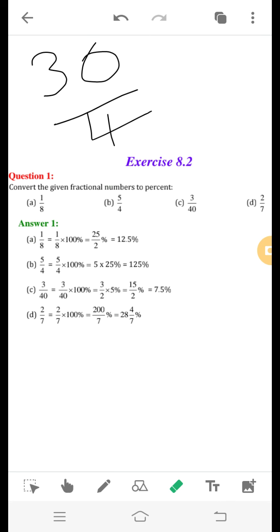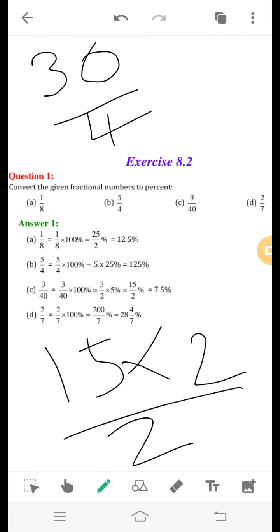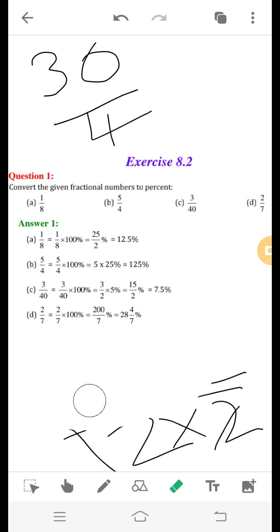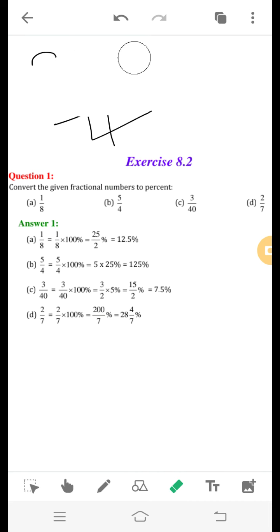So the same you can write it here. 15 2s are 30, 2 2s are 4, 2 2 cut, remaining number it's 15 divide 2. Now divide 15 by 2, you get the answer. So your answer is 15 divide 2, it's 7.5.